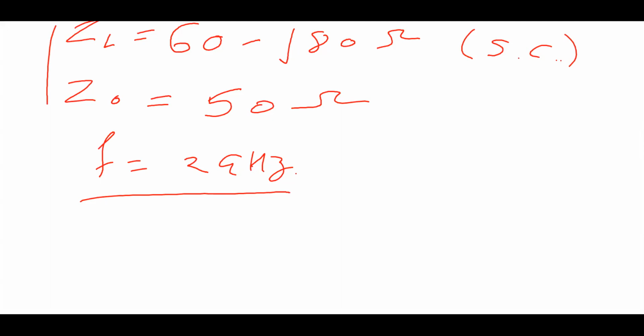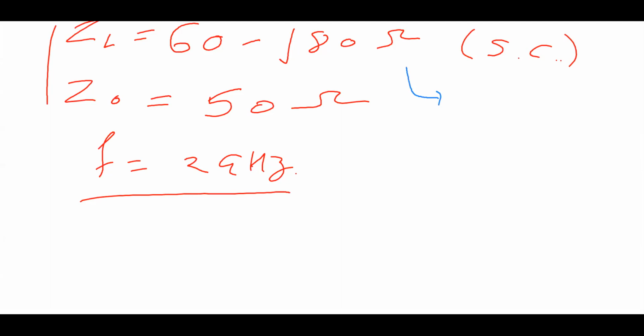Now, for impedance matching, all of you please get your Smith chart, and we have to do it on the Smith chart. If you do not do it on the Smith chart parallelly, you will not understand anything. Very first, we convert ZL into the normalized value.